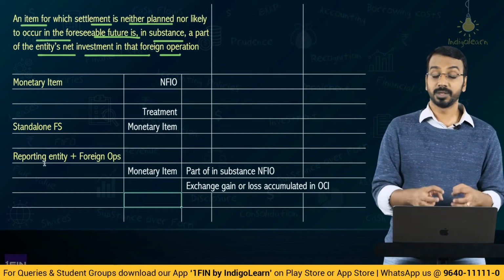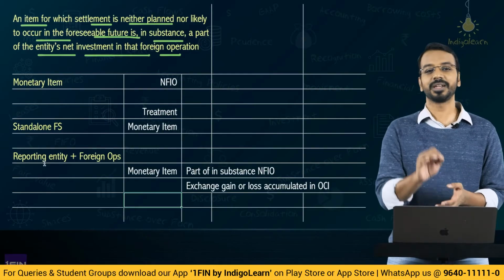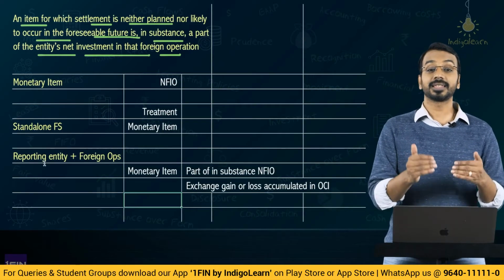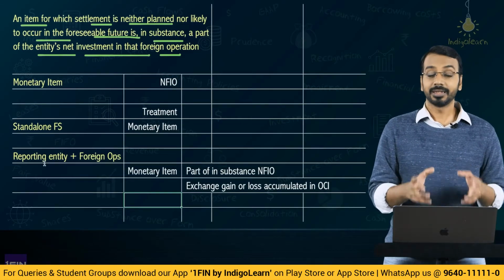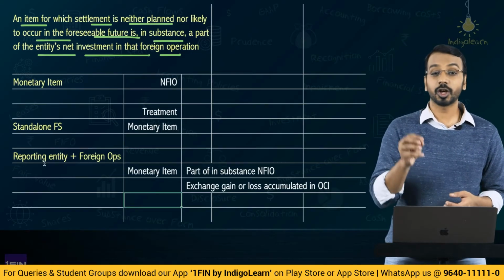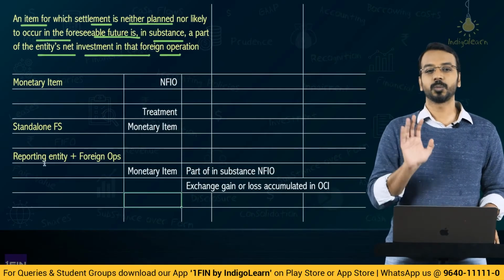Now, in essence what this means is, to the extent an item represents the net investment in foreign operation, if there is an exchange gain or exchange loss at the time of translation or at the time of conversion, then in that case such exchange gain or loss will be accumulated in other comprehensive income. You will not take it to P&L.